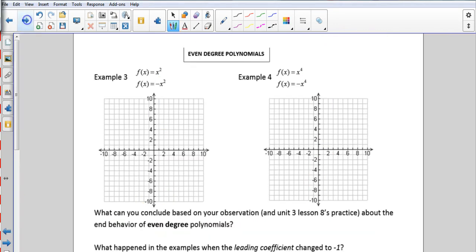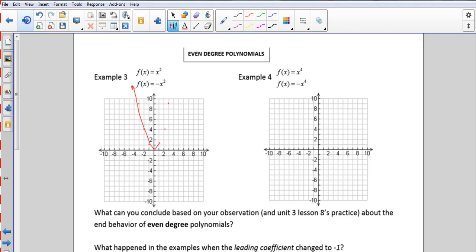You can kind of guess maybe where we're going to go with even. This should all look very familiar to you. Our classic x squared. Negative 1, 1, negative 2, 4, negative 3, 9. 1, 1, 2, 4, 3, 9. 0, 0.